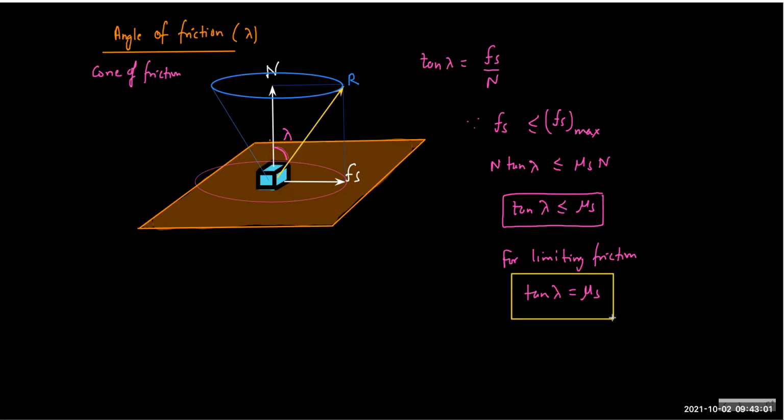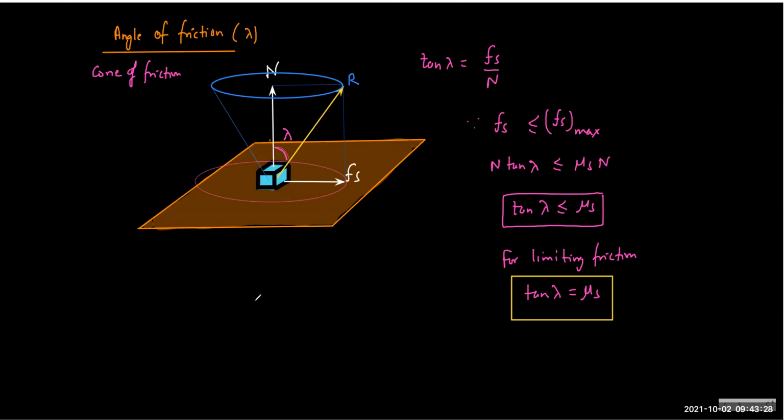Because in the examination, it is possible that in future JEE may ask this question where instead of giving you mu s, they may give you lambda. So if lambda is given for the limiting case, then the tan of that lambda is always equal to the coefficient of static friction. And this is what I used even in the derivation of those things, if you remember.